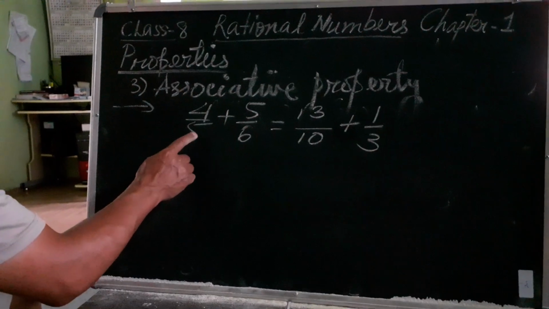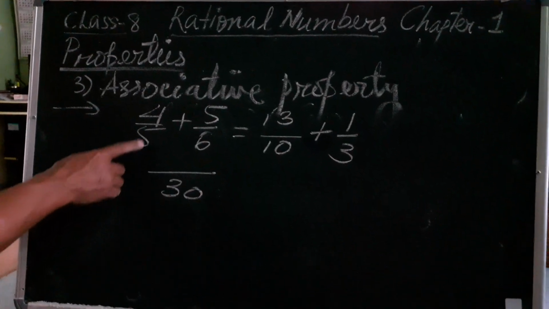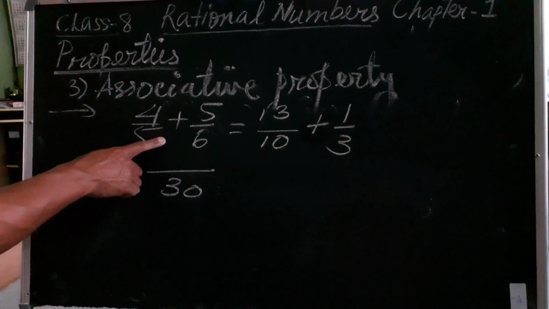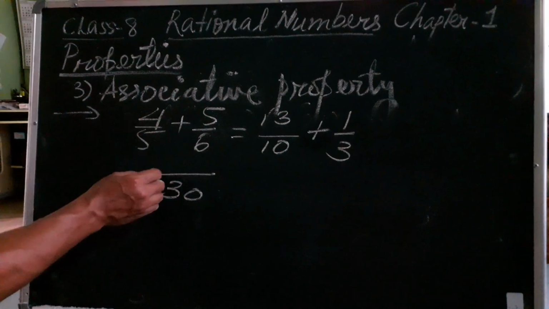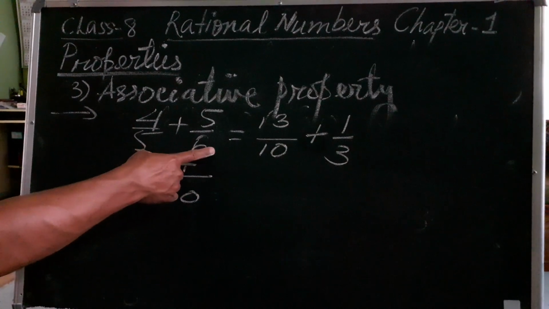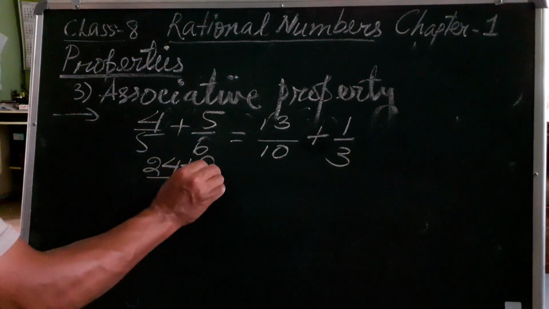LCM of 5 and 6 is 30. 5 into 6 is 30. 4 into 6 is 24. 6 into 5 is 30, 5 into 5 is 25.